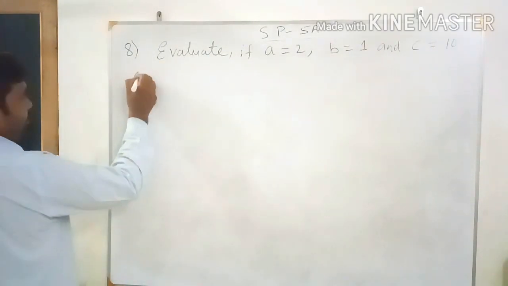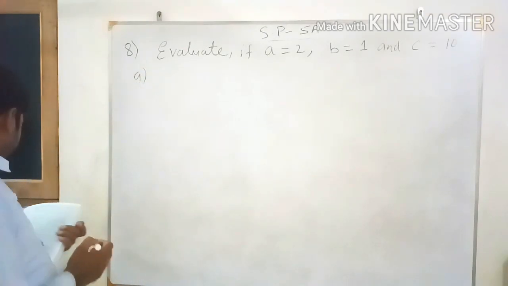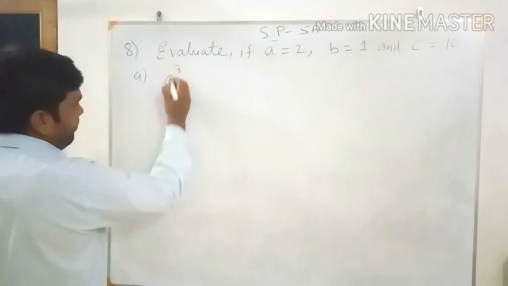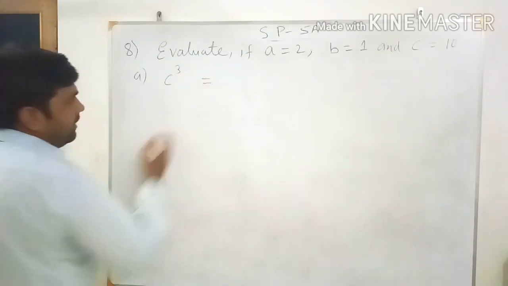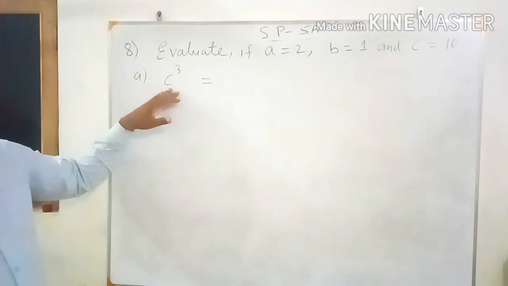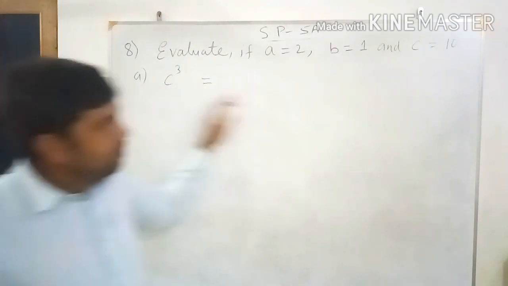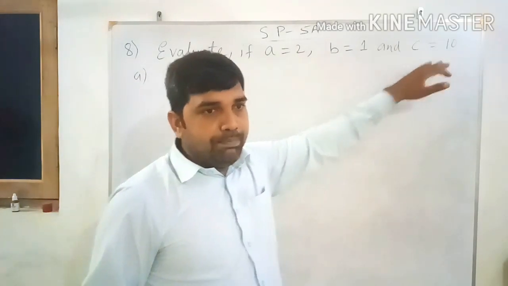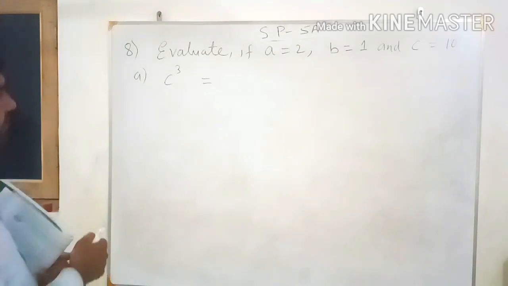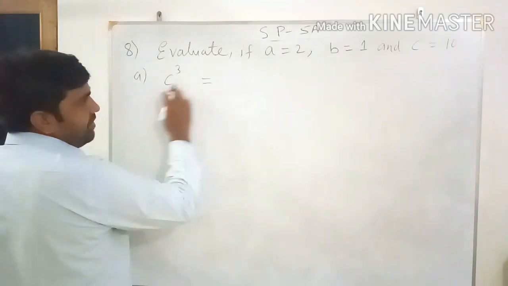So see how we do the question. First question of 8, part a: c cube. Find the value of c cube. On the place of the variable c, you substitute the value. The value of c is given as 10. So on the place of c we write 10.